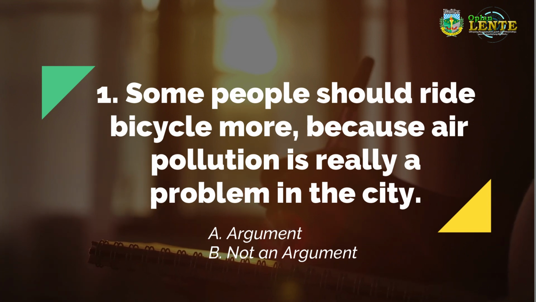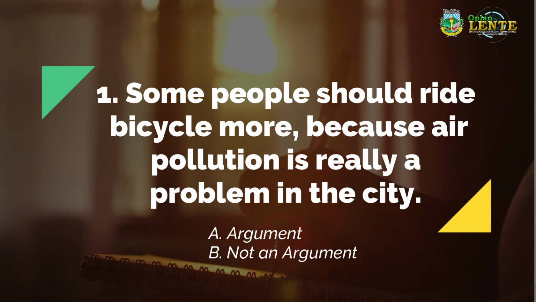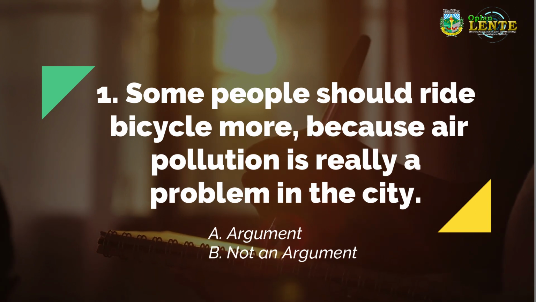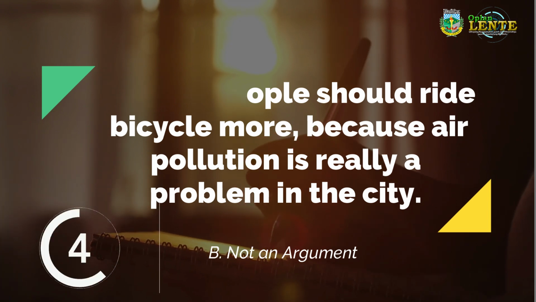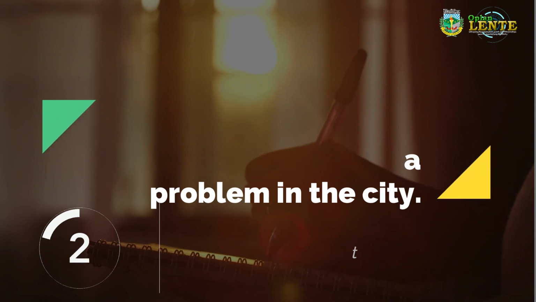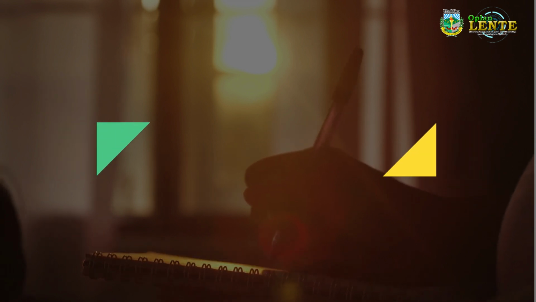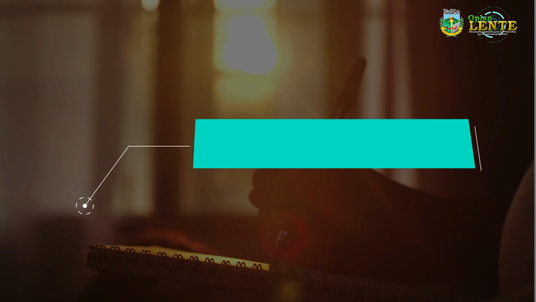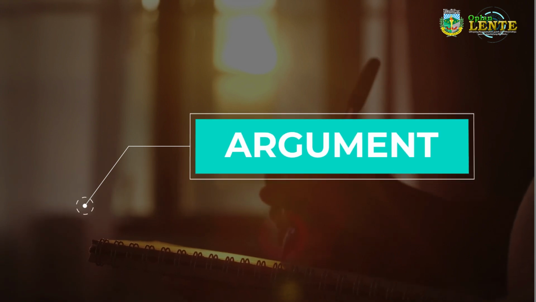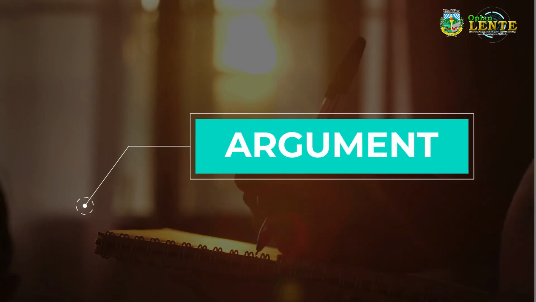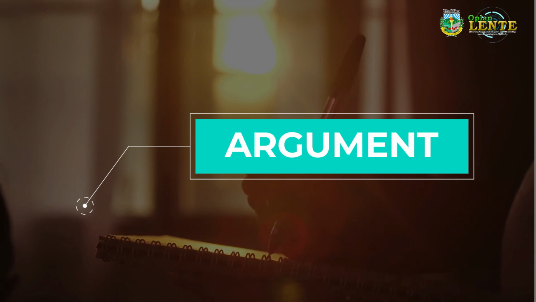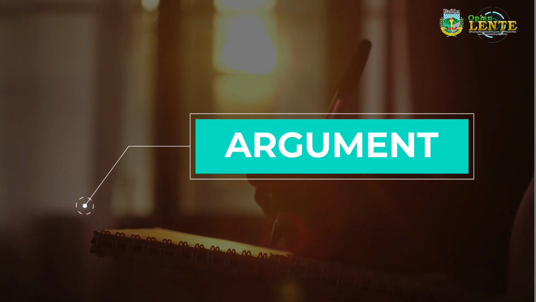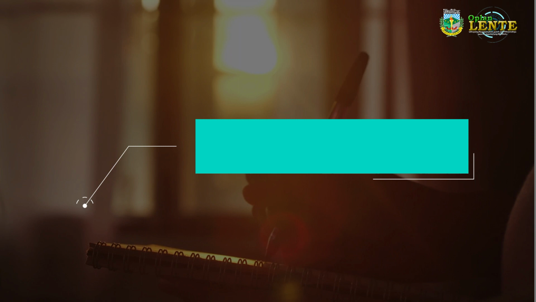Letter A, an argument. Letter B, not an argument. Yes, you got the correct answer. It is an argument, and as you notice, the language feature used is modal, which is the word should.